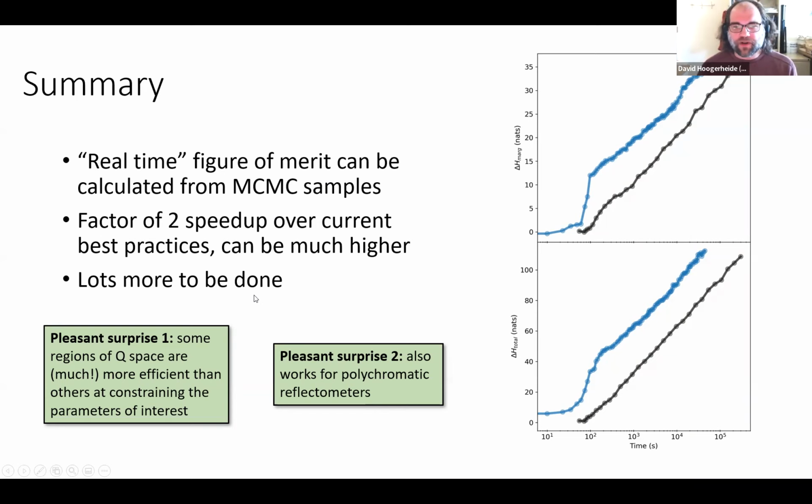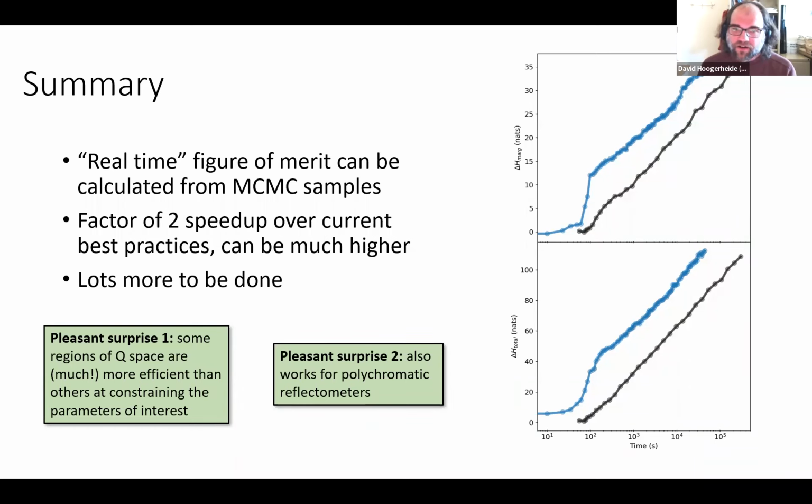And then there are a couple of surprises here. Remember I said at the beginning that our central assumption is that some regions of Q space are more efficient than others at constraining the parameters of interest. And of course, we're talking about the low signal to noise region below the critical edge, but also inside the information rich Q region, there are also some regions of Q space that are more efficient than others at constraining its parameters of interest.